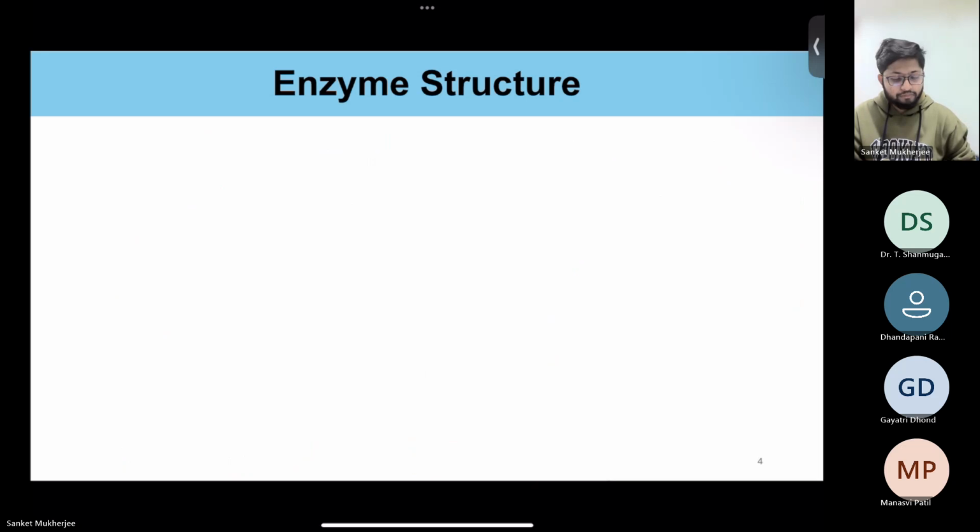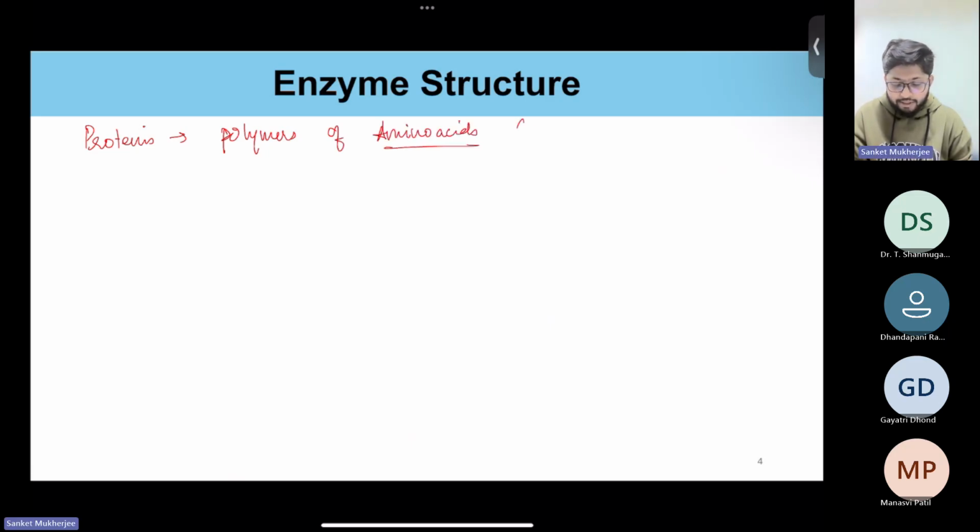But what we need to know is that proteins are basically polymers of amino acids. We already discussed this. There are 20 amino acids which are very important.